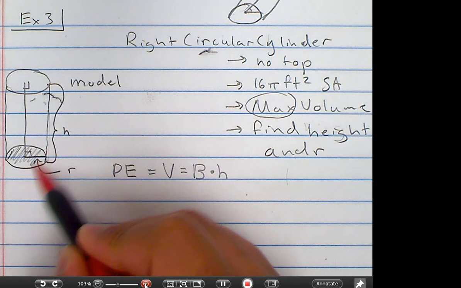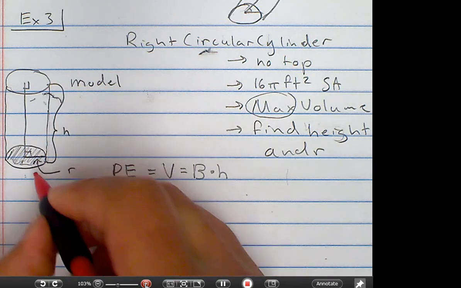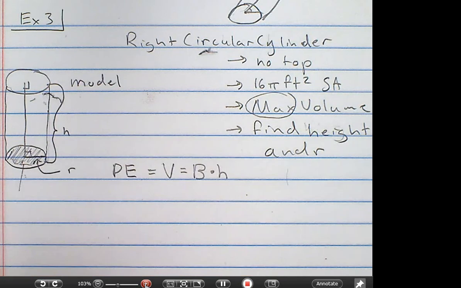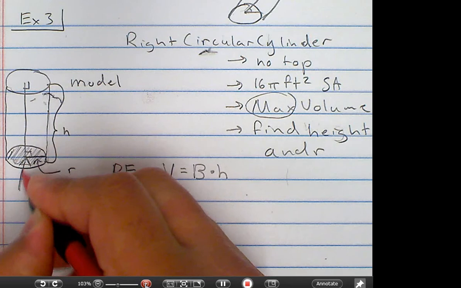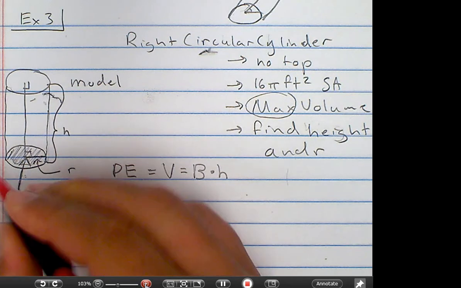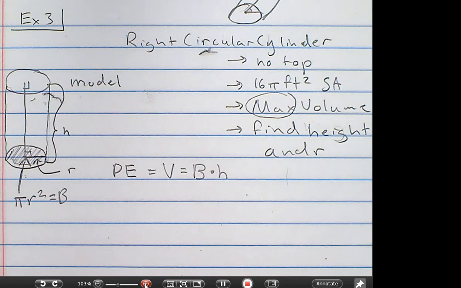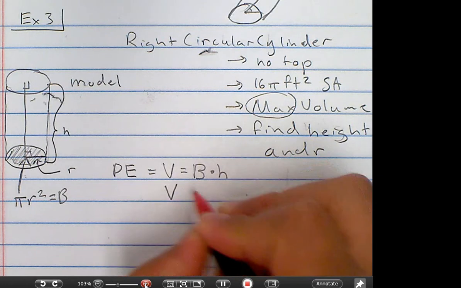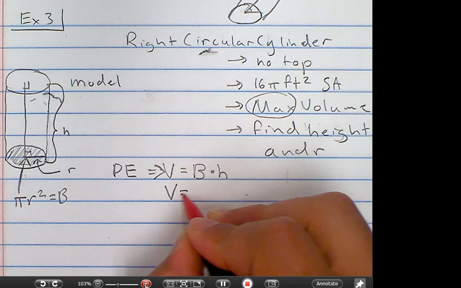So what is the area of just this base? The formula, pi r squared, equals the big base. So I'm going to convert that into volume equals pi r squared h.